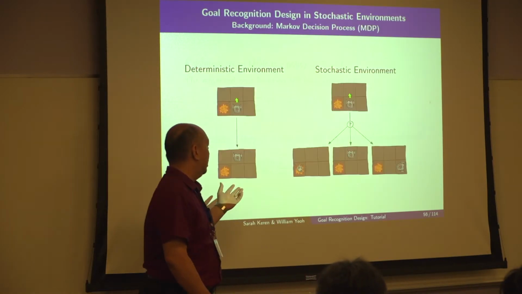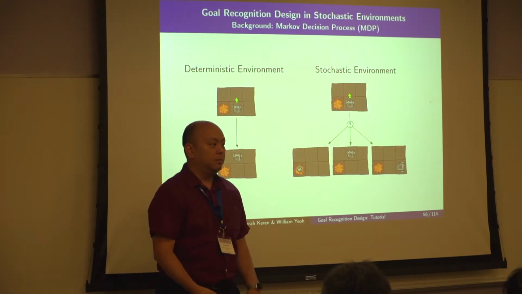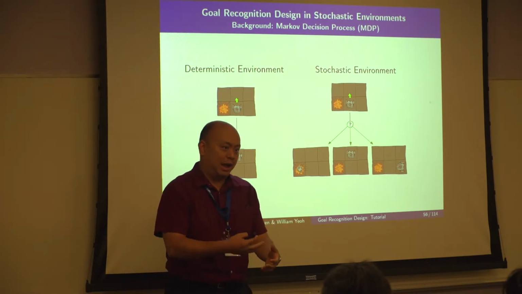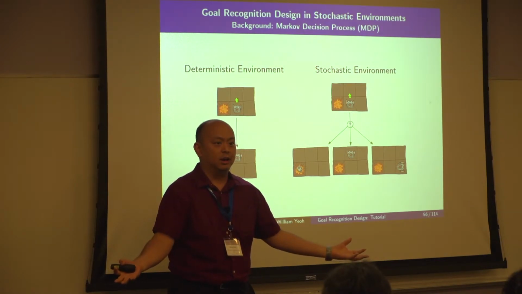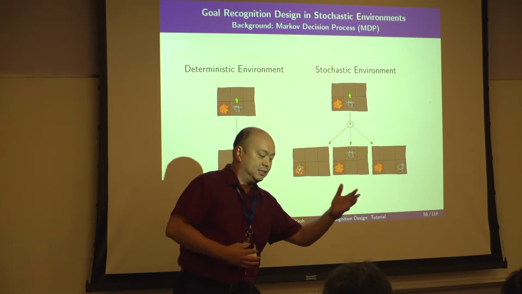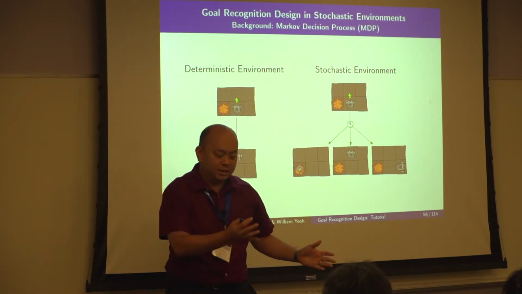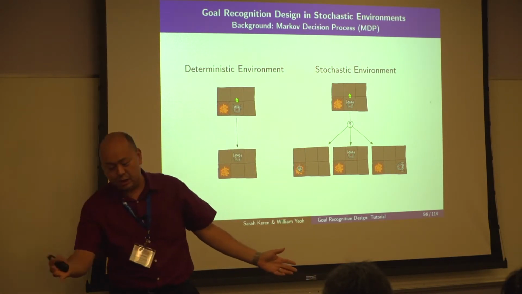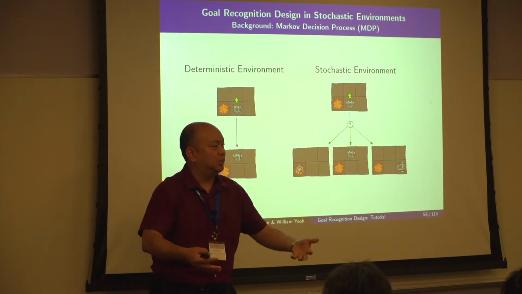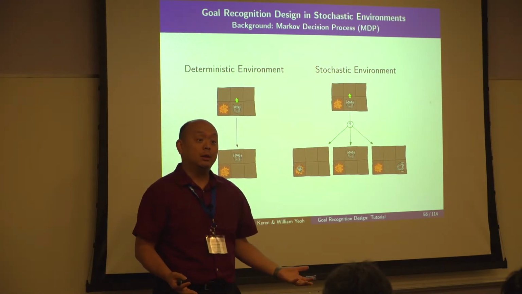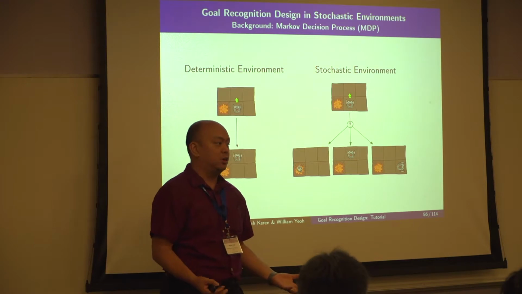In a stochastic environment, you can't have a sequence anymore, because if you take the first action, you might end up in 3 possible states. Maybe if I end up in this state over here, I want to go left. If I end up in this state here, I want to go up. If I end up in this state here, I want to go right. So now the second action that you take depends on where you end up, so you cannot have a path anymore in the traditional sense.